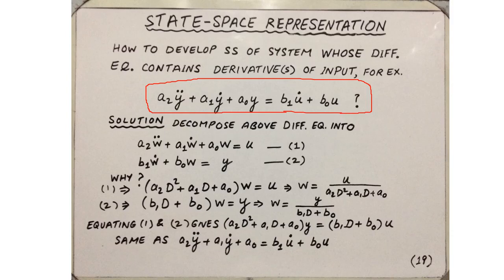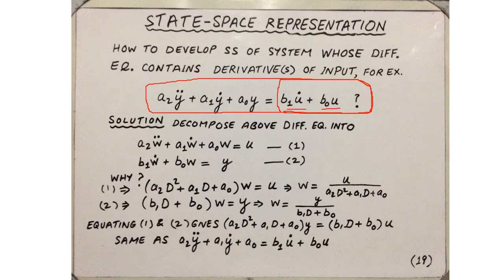So let us now consider the same system with the modification that the right hand side of the differential equation now contains the derivative of the input. It is in the form b naught u plus b1 times u dot. The left hand side is the same as before.